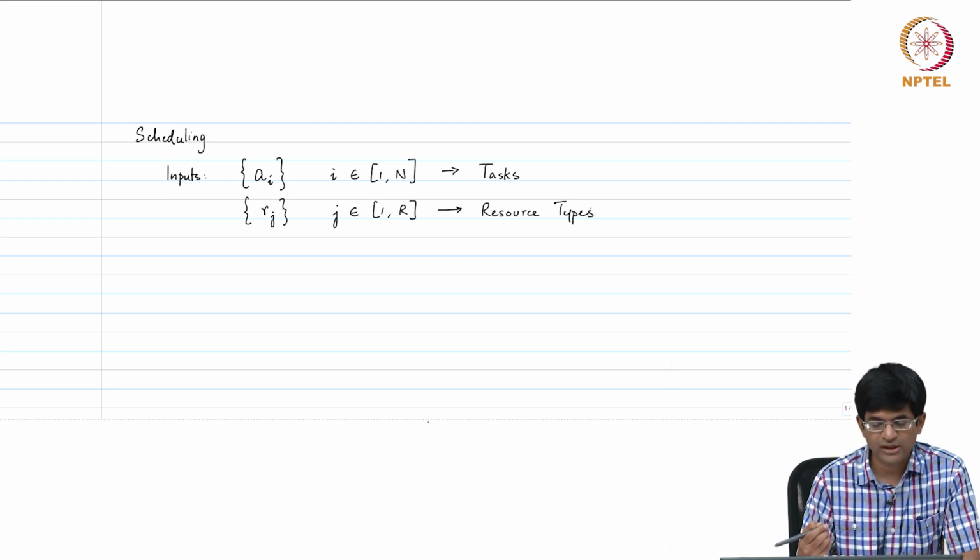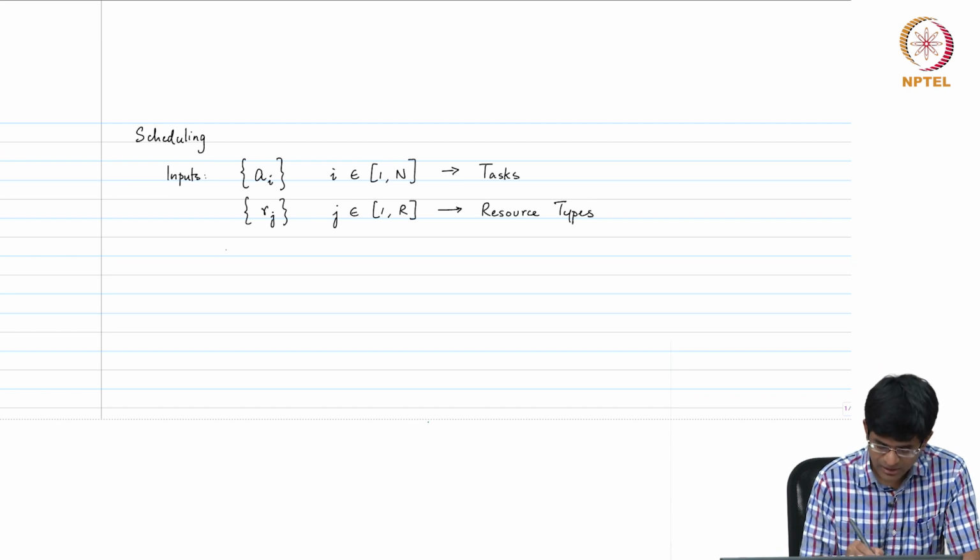For example, you could think of the different tasks as being additions, multiplications, divisions, possibly even something more complicated like a filtering operation and so on. And the resource types could be an adder, a multiplier which can do only multiplications, an ALU unit which can do either additions or multiplications, and so on.